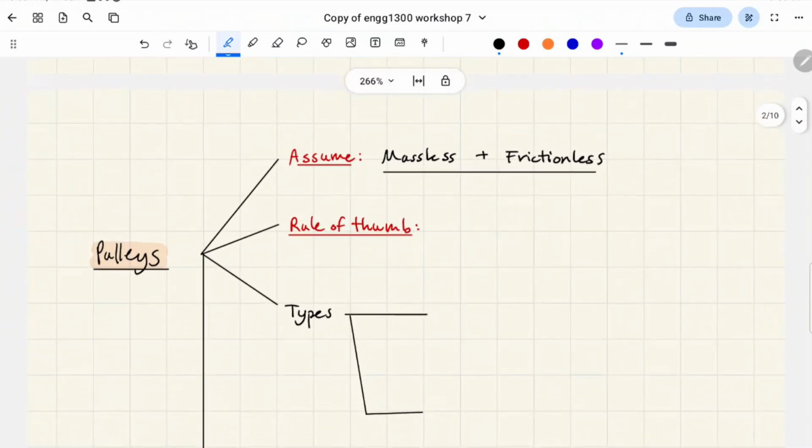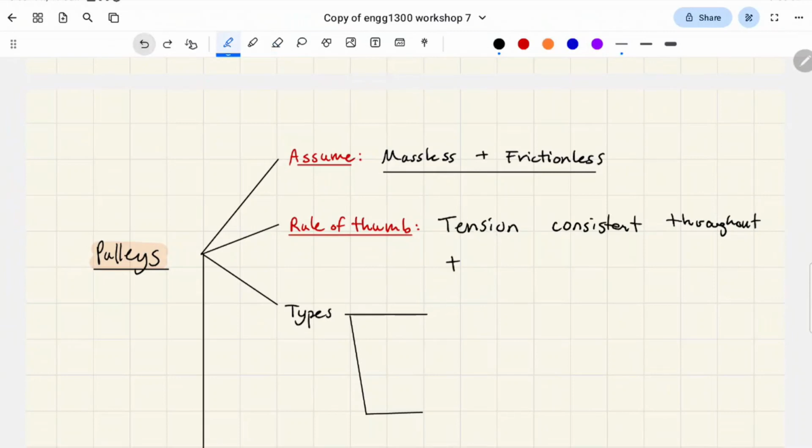But more importantly, something which I never really was able to put into words, but you should intuitively understand about pulleys: a rule of thumb is that the tension is consistent throughout each rope, right?